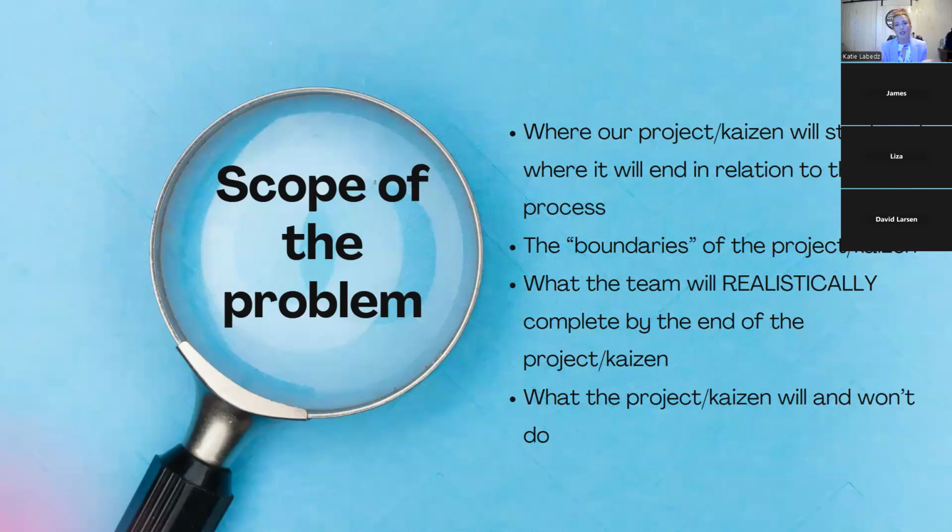Why do I need to know that? Well, I need to know that especially for a kaizen event when I go to do a SIPOC, when we go to do the value stream map, we need to know the scope of this problem in the project we're trying to solve, right? So we need to know that it's from the moment that we get the customer order until the moment we give the customer their PO acknowledgement.